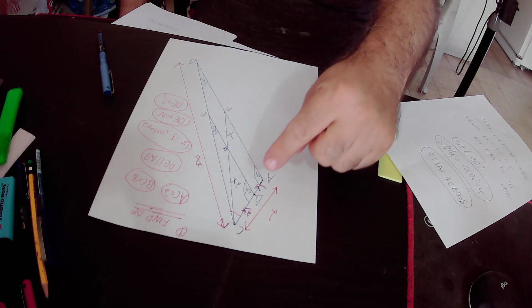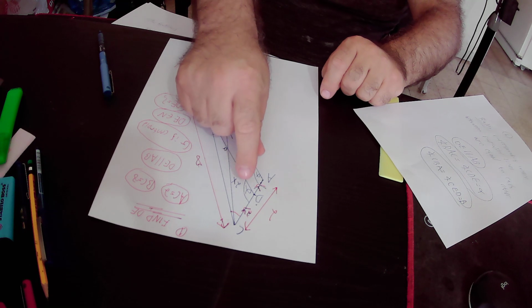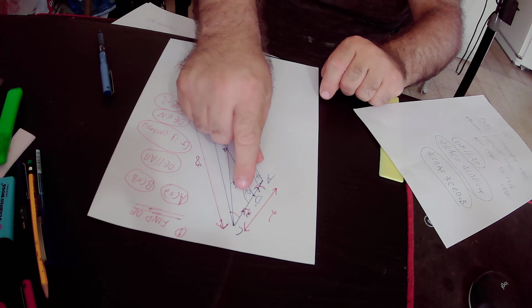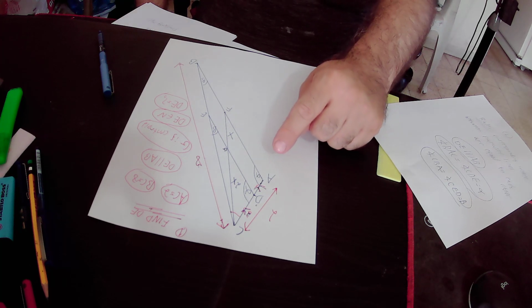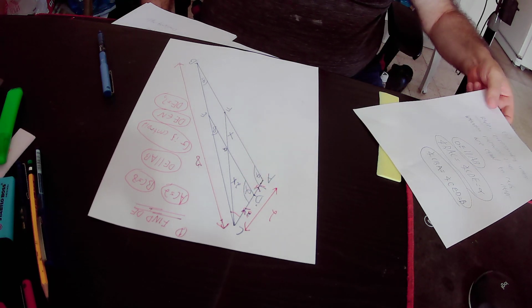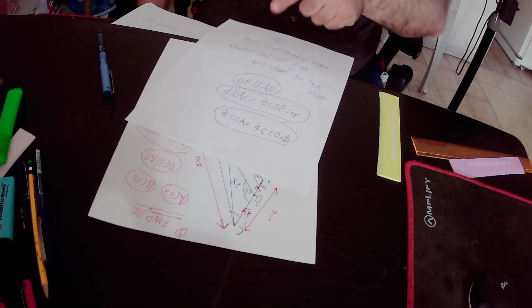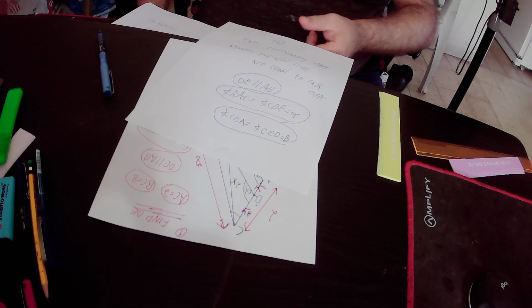Therefore, those two corresponding angles will be equal to each other. So if this angle is alpha, this angle will also be equal to alpha. Or angle BAC will be equal to angle CDE, both equal to alpha.